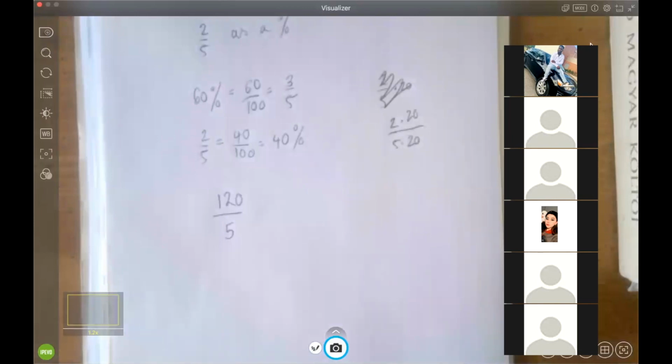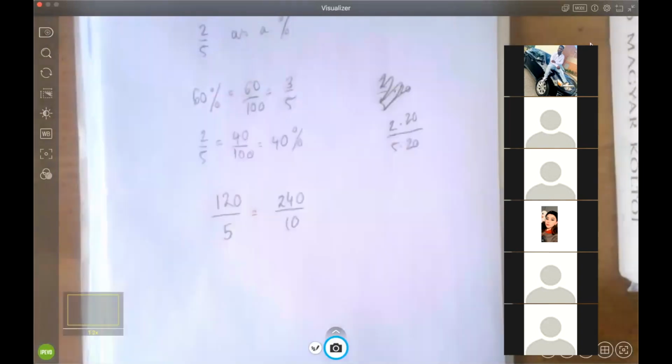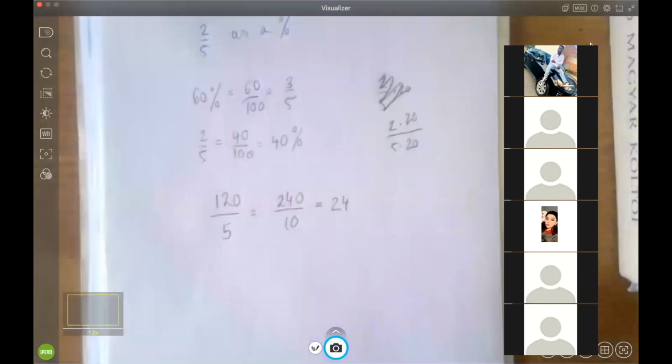And I'm going to double upstairs and downstairs because I really like to divide by 10. So if you double upstairs and downstairs, now this division, you can do it in your head, right? It's 24. So this is an example of when you look at the division and for a while you use it as a fraction.